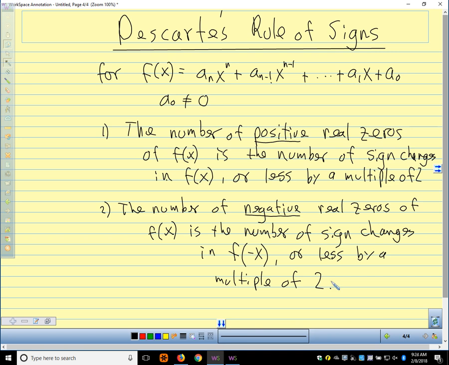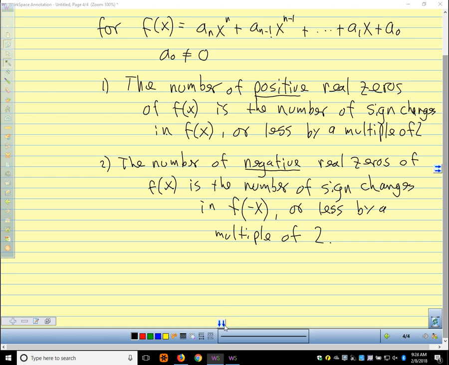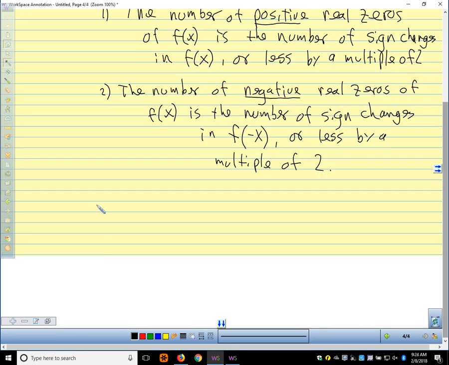All right, so let's take a look at what Descartes' rule of signs is telling us. Let's say we have f of x is 3x cubed minus 2x squared plus 5x minus 1. The number of sign changes means how many times the sign on the coefficient goes from positive to negative or negative to positive.